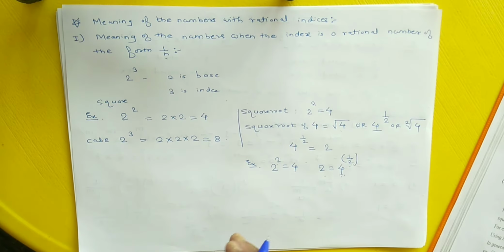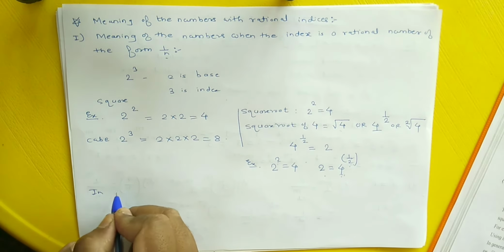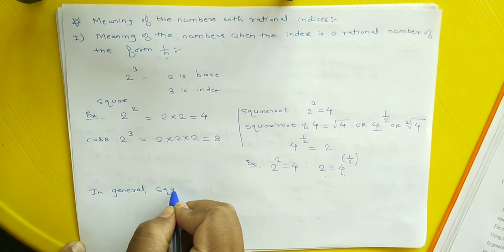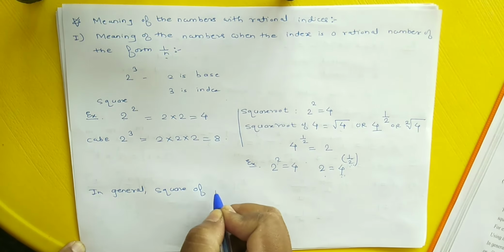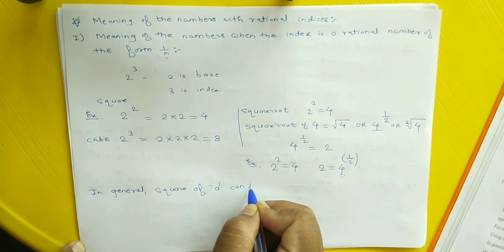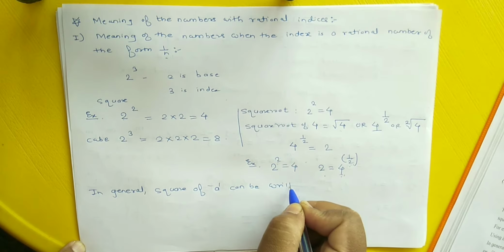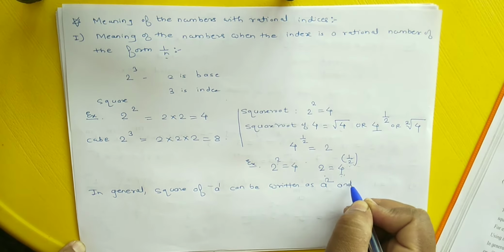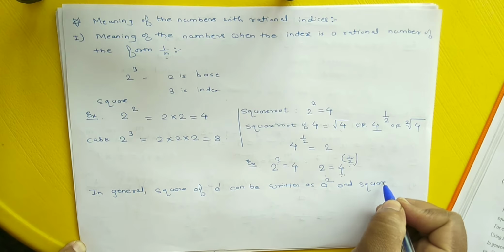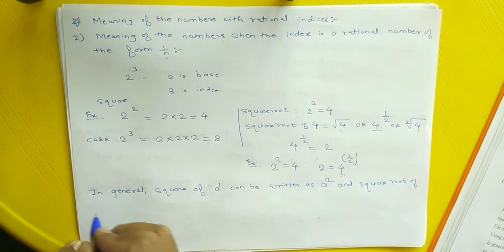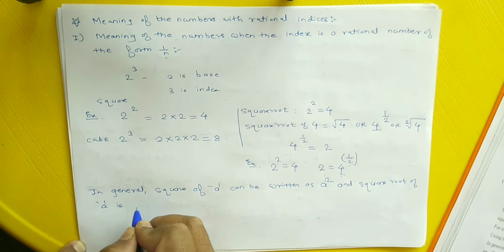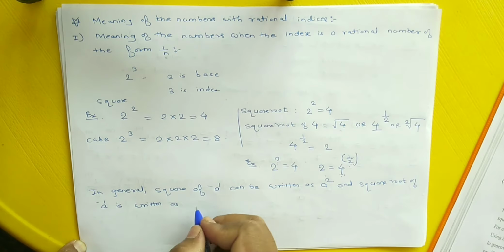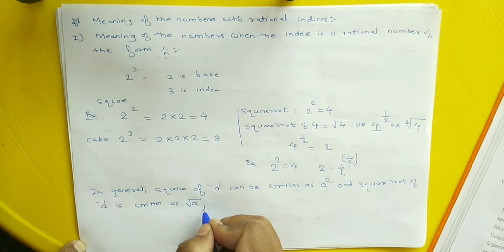Suppose we write in general, the square of a can be written as a square, and the square root of a is written in these forms. First, we can use the radical sign like this.